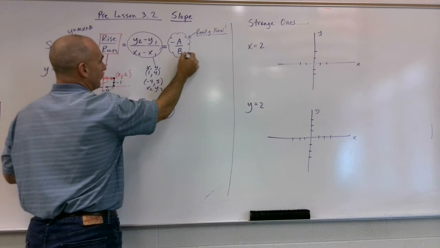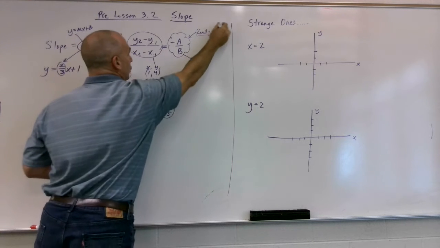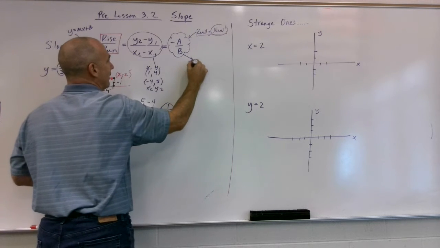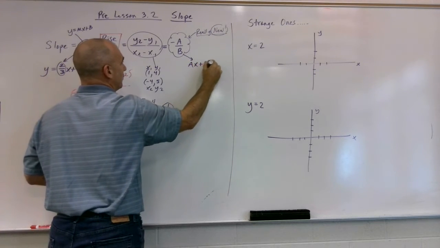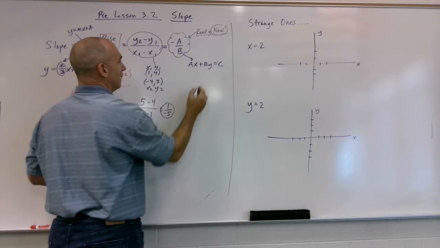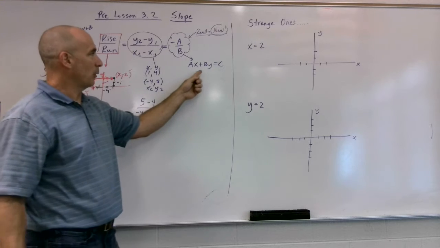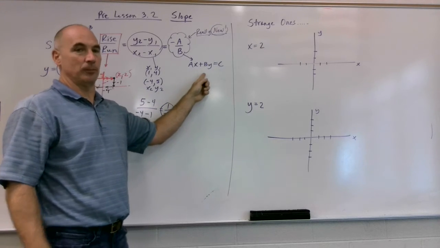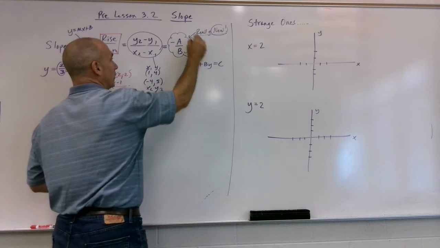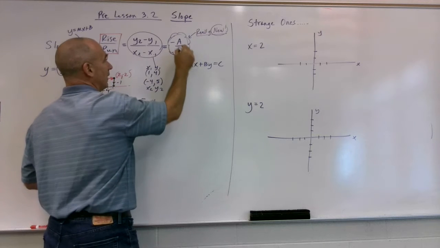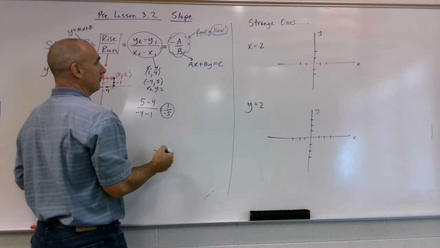Now, when would this ever work? This is kind of new, I bet. Remember, last lesson, I said ax plus by equals c is considered standard form. So if an equation is given to you in standard form, you can go right from here to this new formula and just say slope would be -a over b.